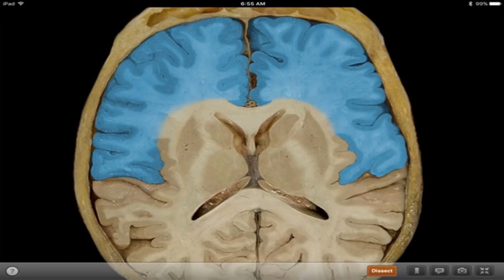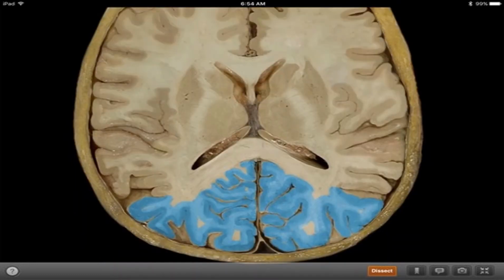What is this view? This is a cross-section of the brain, where we can see that the blue area, of course, is going to be the frontal lobe. The blue marked area of the brain here is at the posterior pole of the brain, and this is the occipital lobe of the brain.